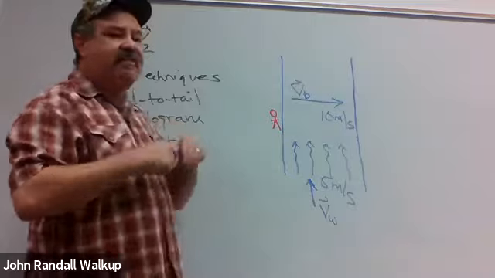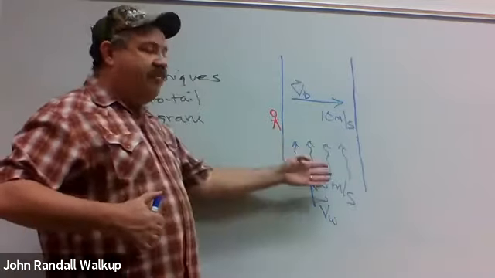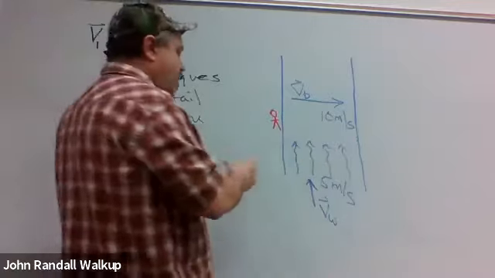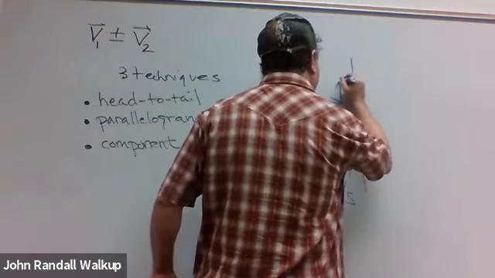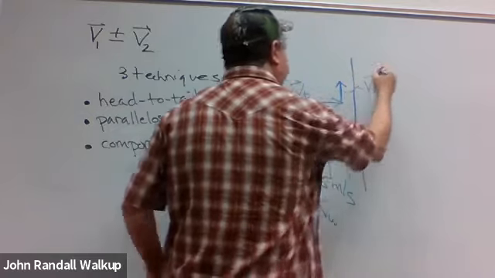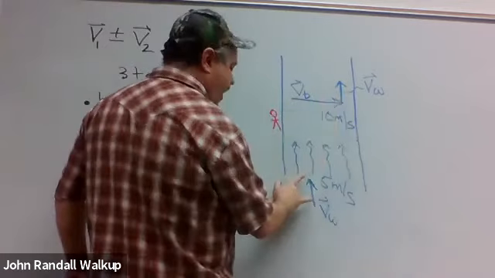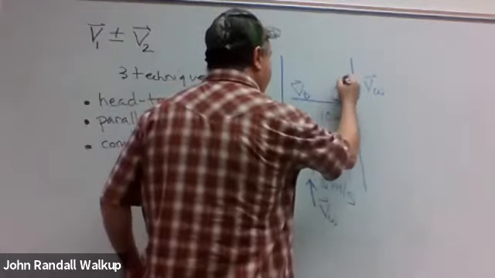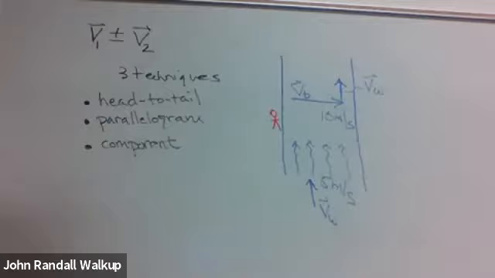What is the net velocity that you get when you have the water making your boat go downstream? We take this one, add it to here. So this is V water. Remember, I can move my vector as long as I maintain its length, which is how fast, and direction.